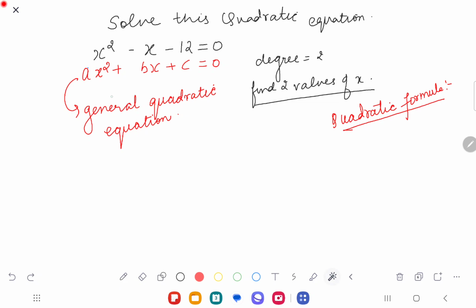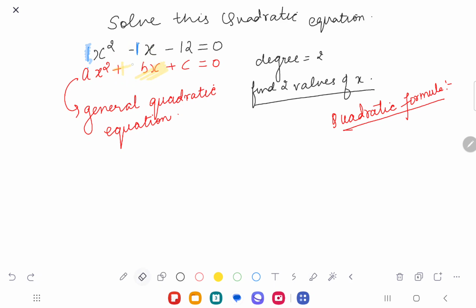And in this general quadratic equation, if I compare, don't you think the coefficient of x square right here is 1? So if I compare, do you understand that a should be equal to 1? Yes or no? And b, because it is plus b right here, and here it is minus x.